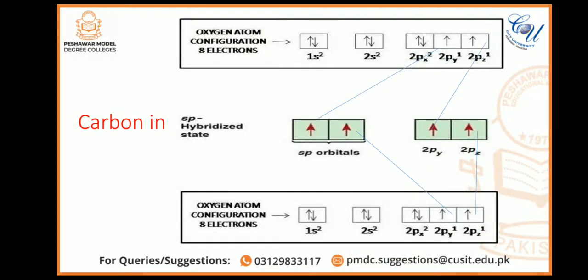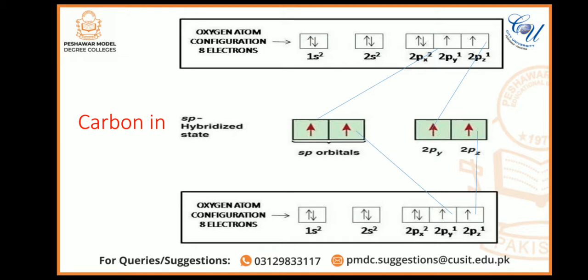So dear students, here there is a diagrammatic view of the structure of carbon dioxide. We have also talked about the sp hybridized state of carbon. The sp hybrid orbitals of carbon are involved in sigma bond formation.